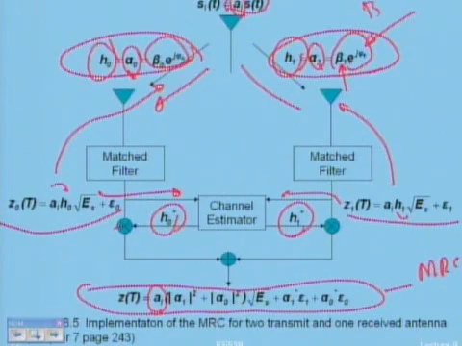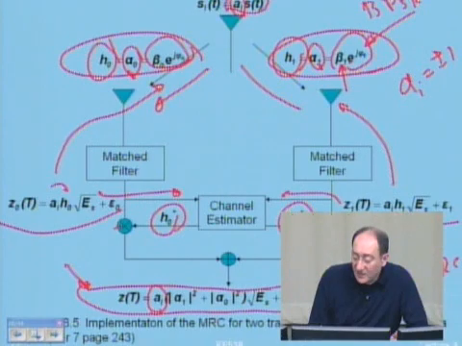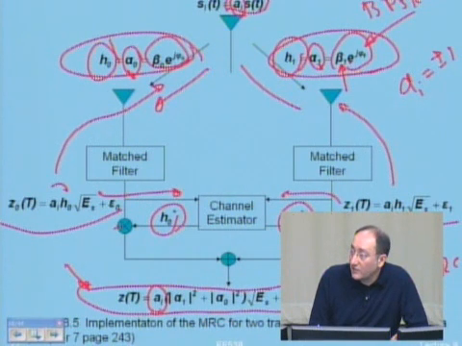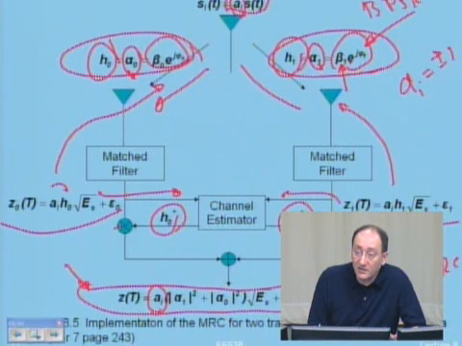If I had binary PSK, for example, A sub i was equal to what? Plus or minus 1. When I receive this decision variable after processing, if it is more than 0, I declare that 1 was transmitted. If it was less than 0, I declare that minus 1 was transmitted.